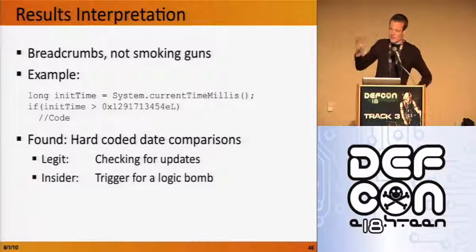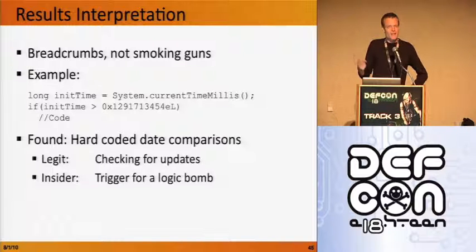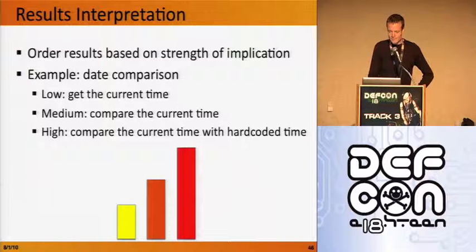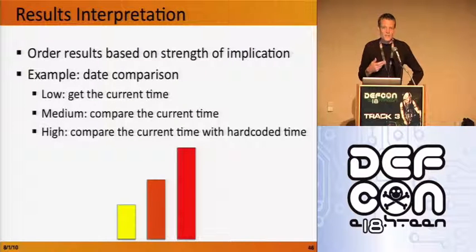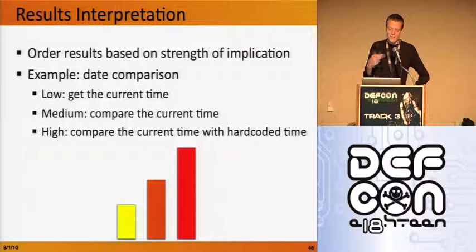And the fact that we see the two breadcrumbs that we latched onto before, right, accessing the current time and doing a comparison based on it, give us a little more confidence. So in the end, what we can really do with these results is associate a strength or a priority with them, just like we would other vulnerabilities that we detected in an automated fashion.